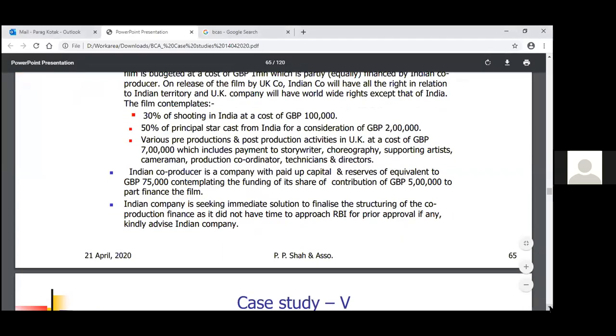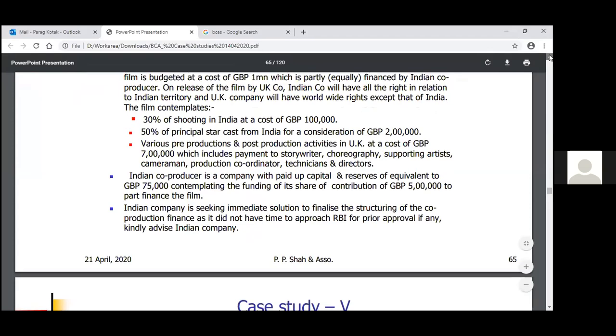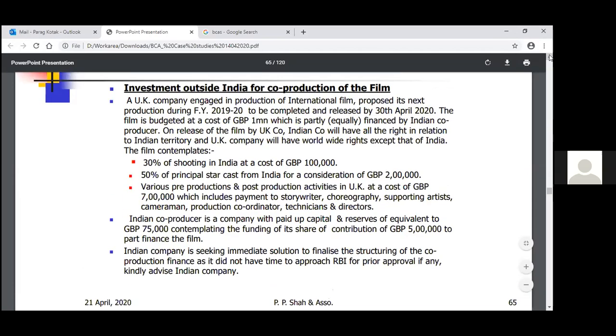But what we suggested is that both valuation as well as the prior approval, because my capital is short of the requirement, can be avoided by structuring a transaction between the UK company and Indian company, whereby the Indian company will send £500,000 for purchase of Indian rights of the co-produced film, and the UK company will spend the rest by saying that they will own the rest of the rights of the world.